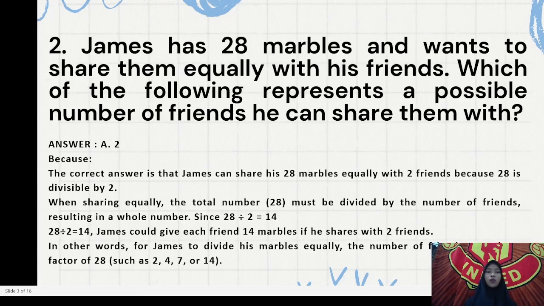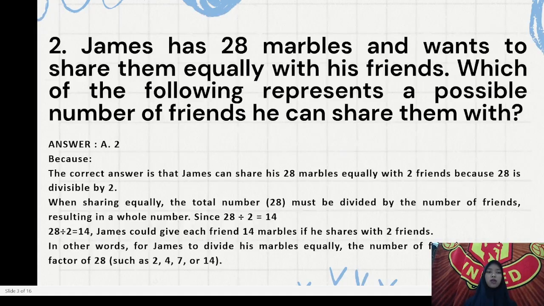When sharing equally, the total number 28 must be divided by the number of friends, resulting in a whole number. Since 28 divided by 2 is 14, James could give each friend 14 marbles if he shares with two friends.